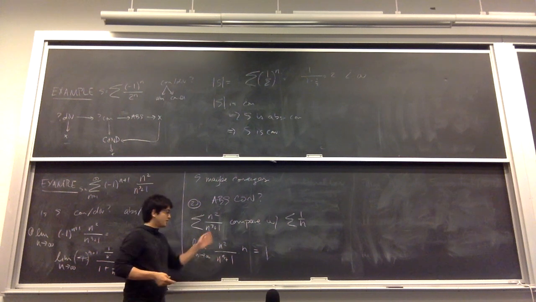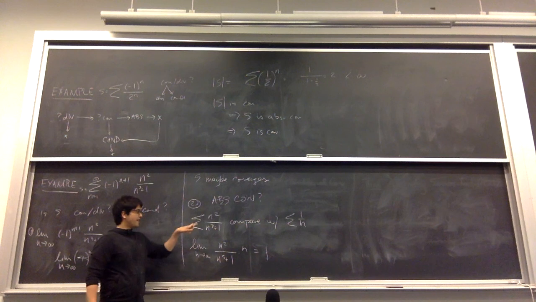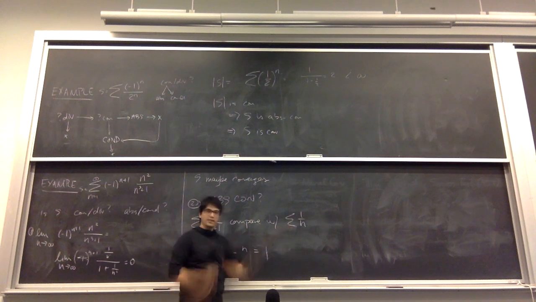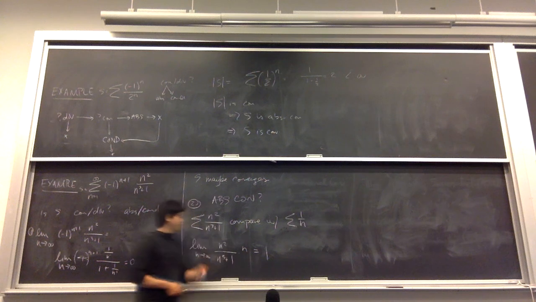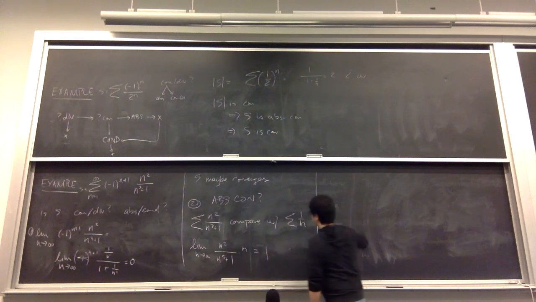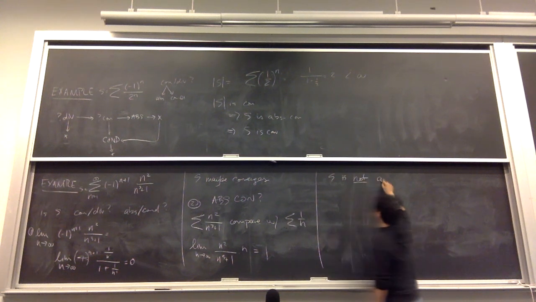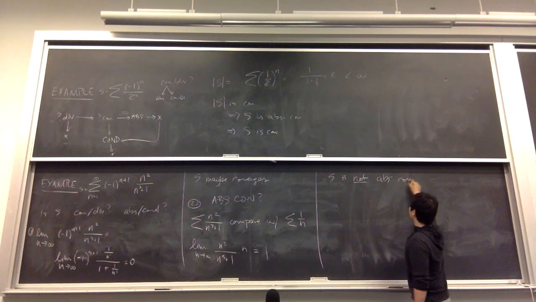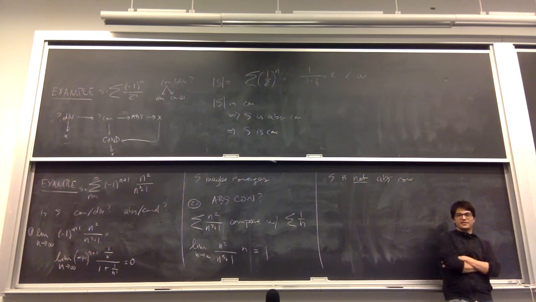Okay, so since this is a finite limit, the limit comparison test tells us that this series and this series will converge or diverge together. This is a divergent series. Therefore, this is divergent. So S is not absolutely convergent. So we still don't know anything about this series.